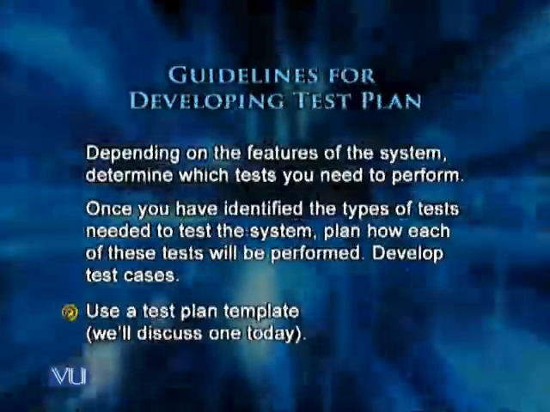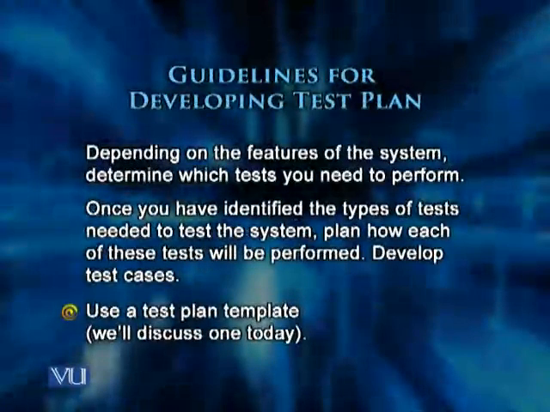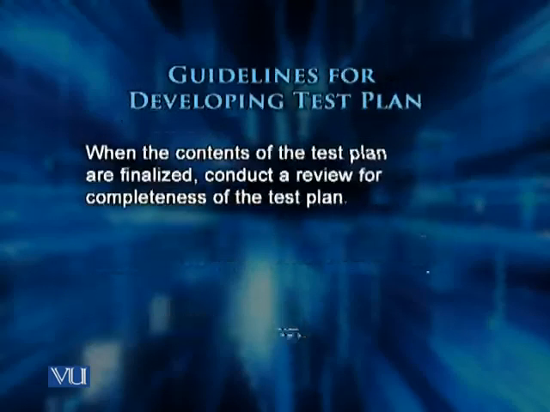Before you start documenting a test plan, you need to use a template. We will discuss a template for a test plan, as I've said before, in today's lecture. When the contents of the test plan are finalized, you need to conduct a review for the completeness of the test plan. This review can be in the form of an inspection, or depending on the size of the organization and the size of the team, this can be an informal review.